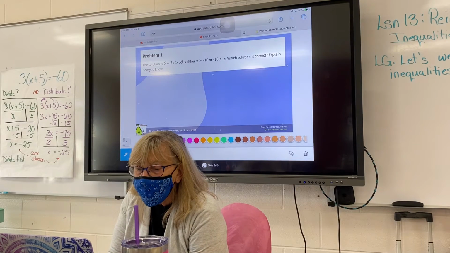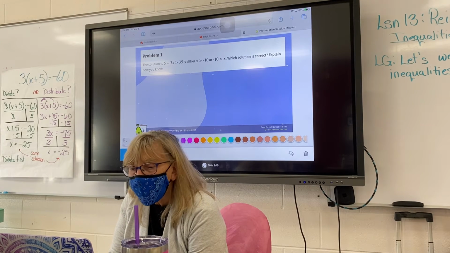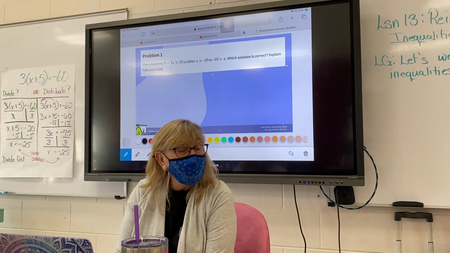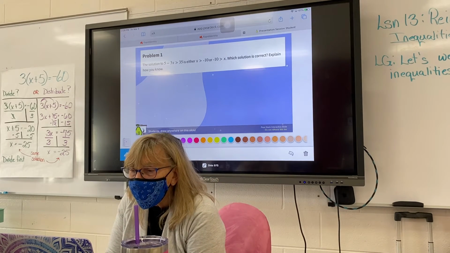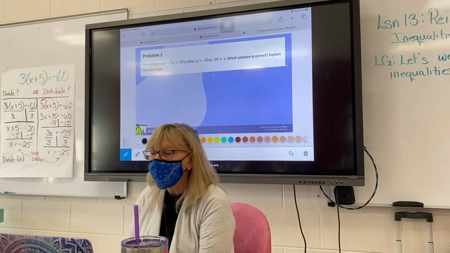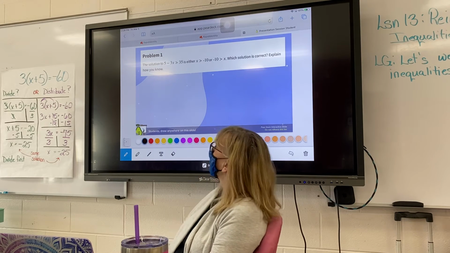Alright, let's see who picked what. Do you know how many properties are on the front? 7. Alright, Coop, why'd you pick the first one? Why did you pick x is greater than negative 10?